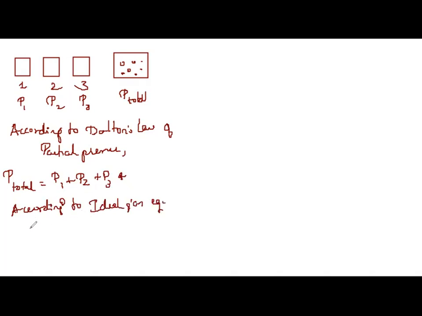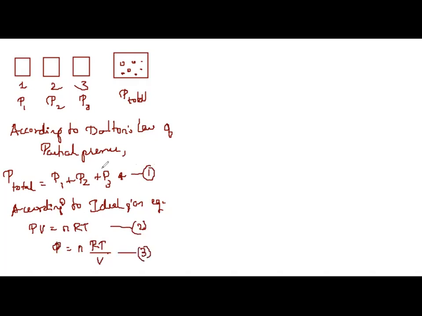The ideal gas equation says that PV is equal to nRT. Yes, so I can write this equation as P is equal to nRT by V. So let me call the Dalton equation as equation 1, this as equation 2, let me call this equation as 3.